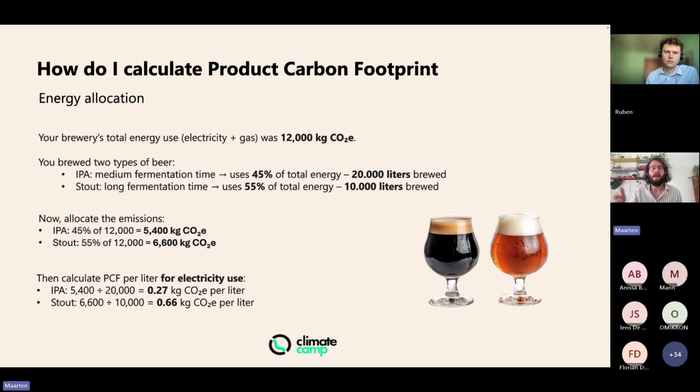IPA is 5,400 kilos divided by the 20,000 liters, and for stout, it's 6,600 kilograms divided by the 10,000 liters, which leads to 0.27 kilograms CO2 equivalent per liter for the IPA and 0.66 for the stout. Now, this is obvious because the stout has much fewer liters brewed and it uses much more energy. So this is a pretty straightforward example.